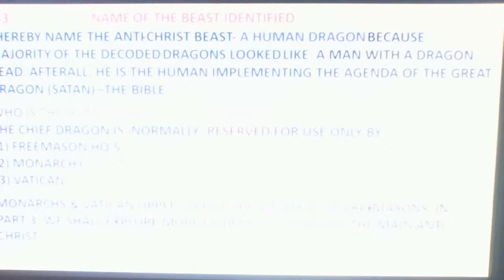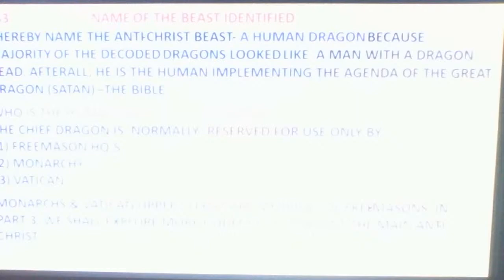The chief dragon is normally reserved for use only by Freemason headquarters, the monarchy, and the Vatican. The monarchs and Vatican upper clergy are members of Freemasons. In part 3, we shall explore more evidence to pinpoint the main Antichrist. We already know one of them is not in the running because he's the false prophet, and we know who that is.